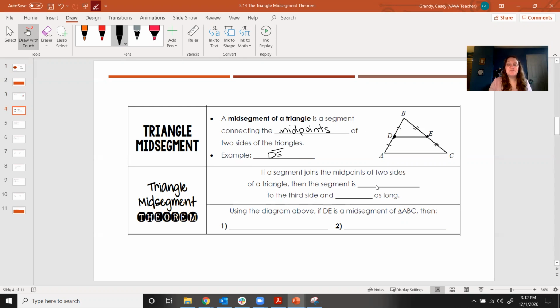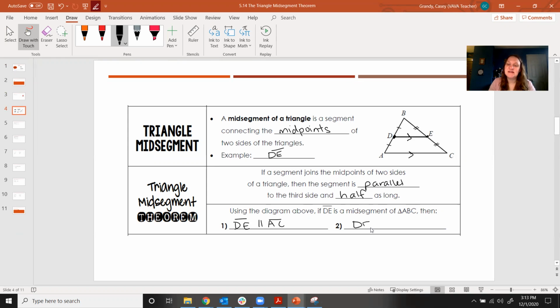If a segment joins the midpoints of two sides of a triangle, in other words, if it's a midsegment, then that segment is parallel to the third side and half as long. So in this diagram, DE is parallel to AC, and it is half as long as AC.